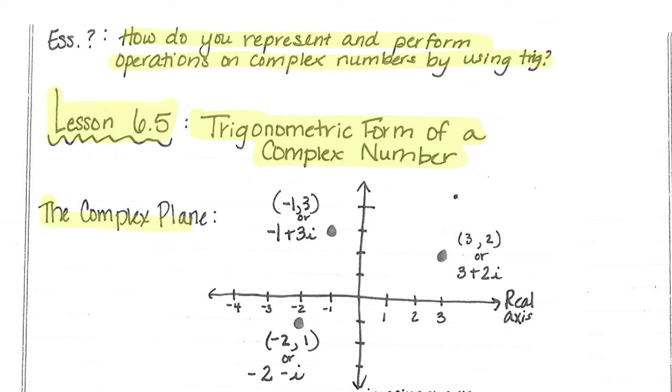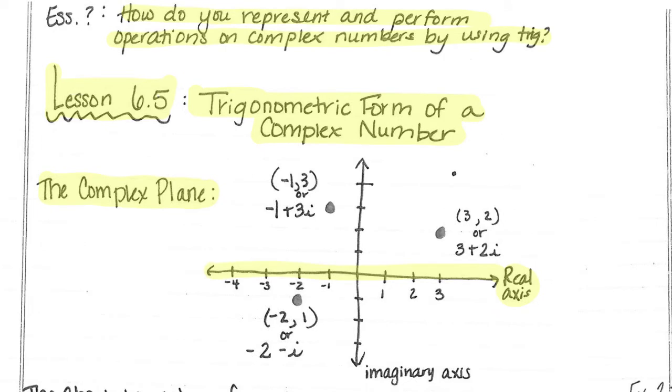This is new to us, the complex plane. Notice the real axis is what we used to call the x-axis, and the imaginary axis is where we used to have the y. So the imaginary are going to be the ones with the i's, and the reals will be the ones that are constants that stand alone.